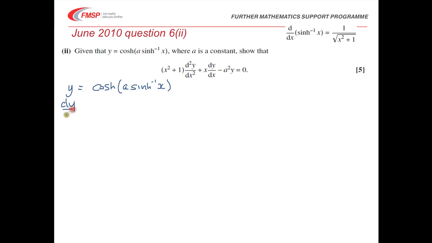For this first part we're going to use the chain rule, or function of a function. So we'll differentiate cosh to get sinh, and then we'll need to multiply by the derivative of a inverse sine of x, which from part 1 we know is going to be a over the square root of x squared plus 1.